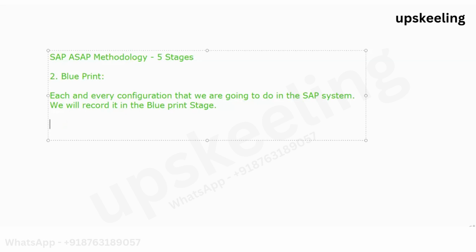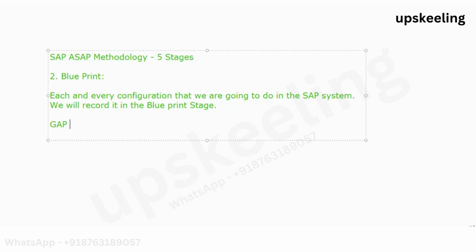For every configuration we will charge the client, right? So we need to confirm with the client, and there will be some additional configuration to be done in order to finish the requirement.